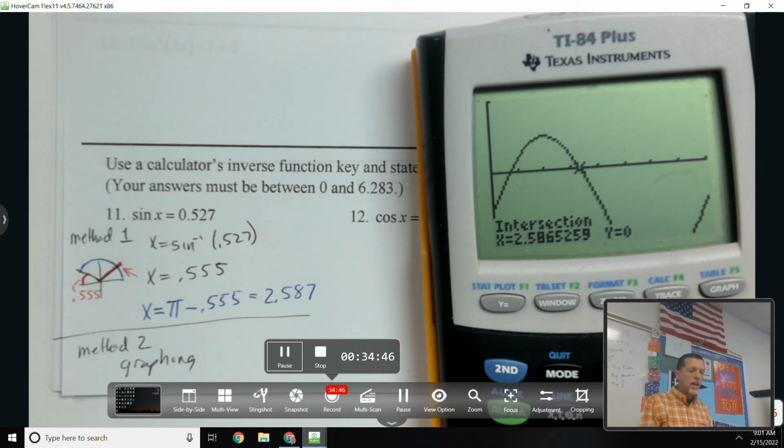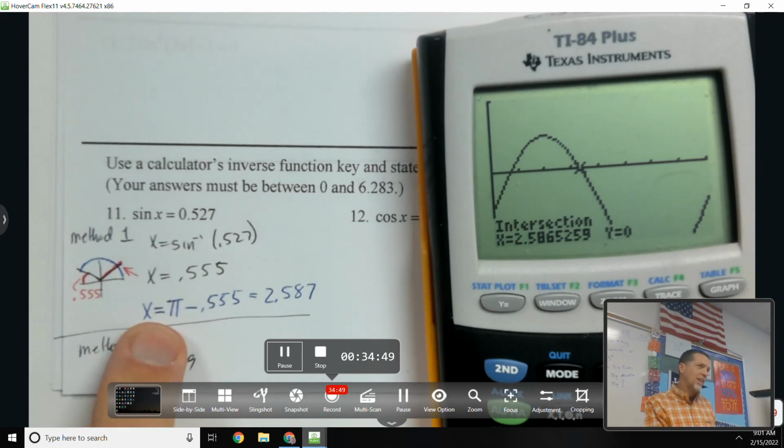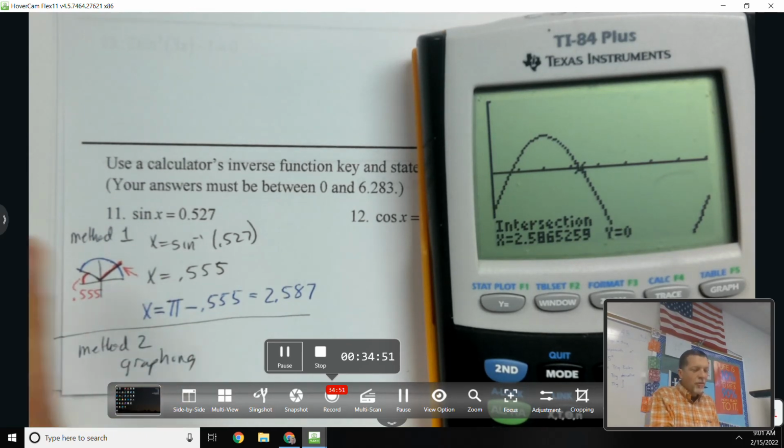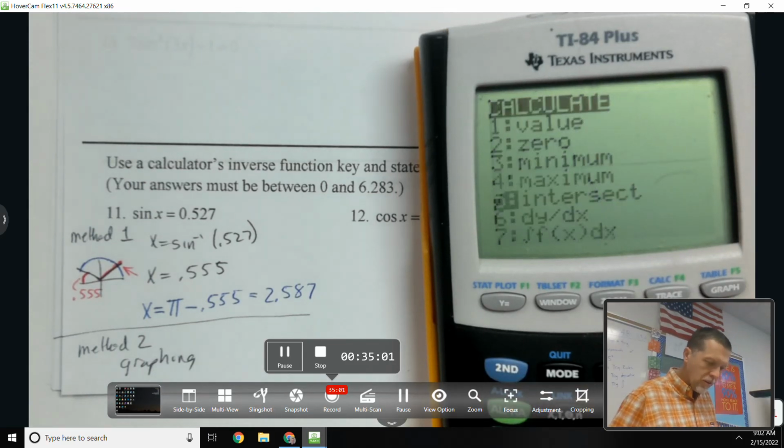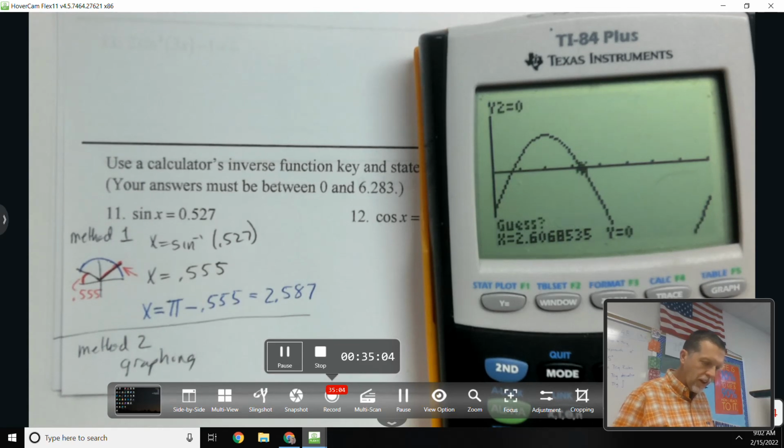Either one of these methods is fine. So if you understand it, the first method's quicker. But if you can't come up with that second answer, then you'll have to graph it and come up with the second answer. I can check the first one that way as well, since I'm here. Second calc intersect. First curve, second curve. 0.555.